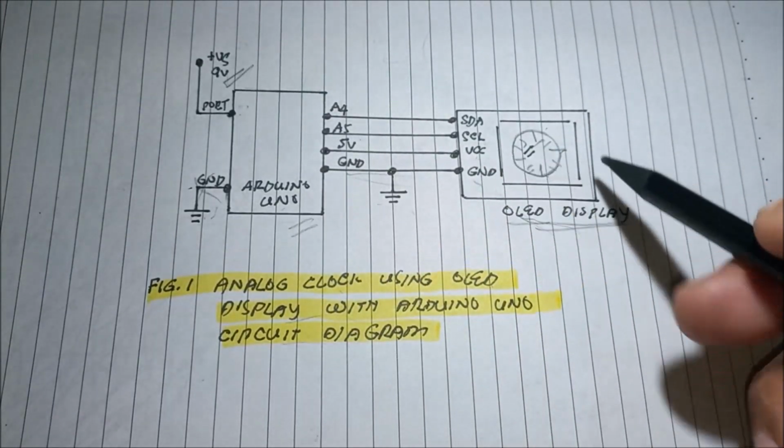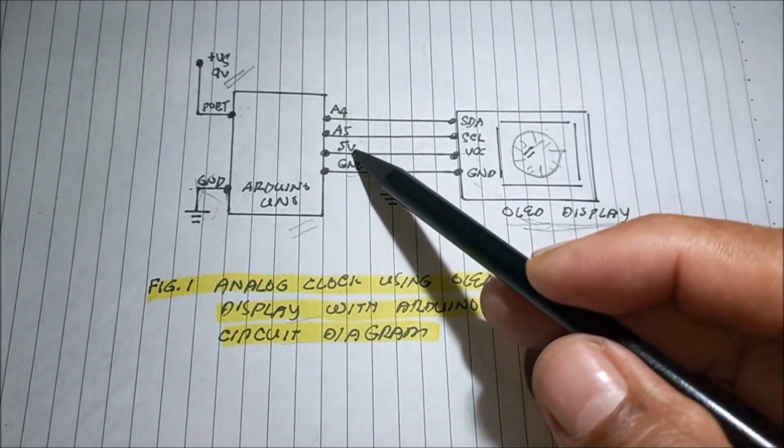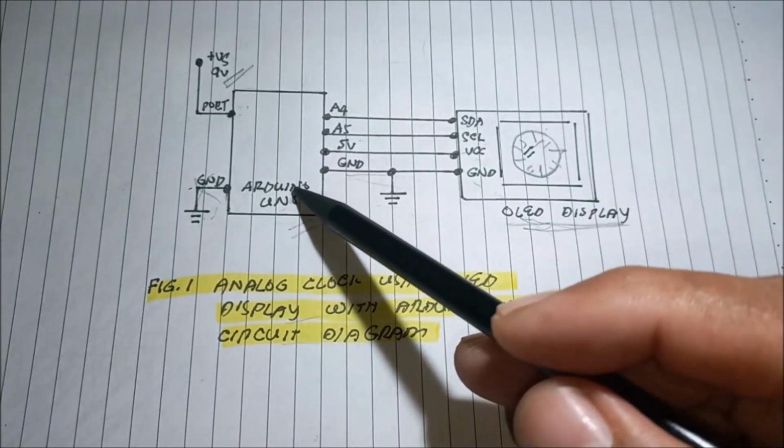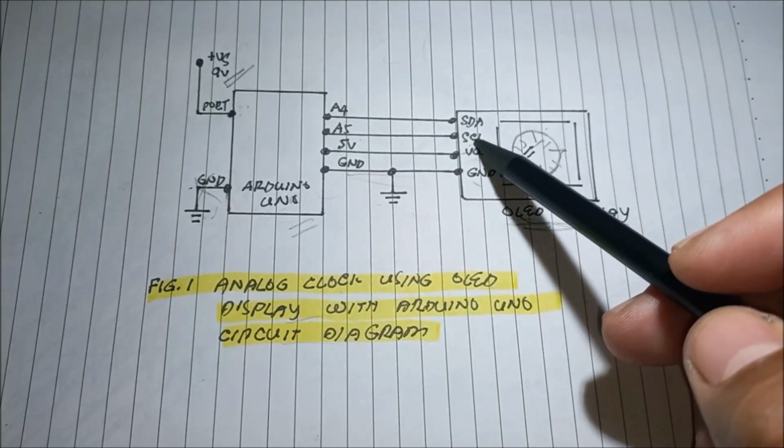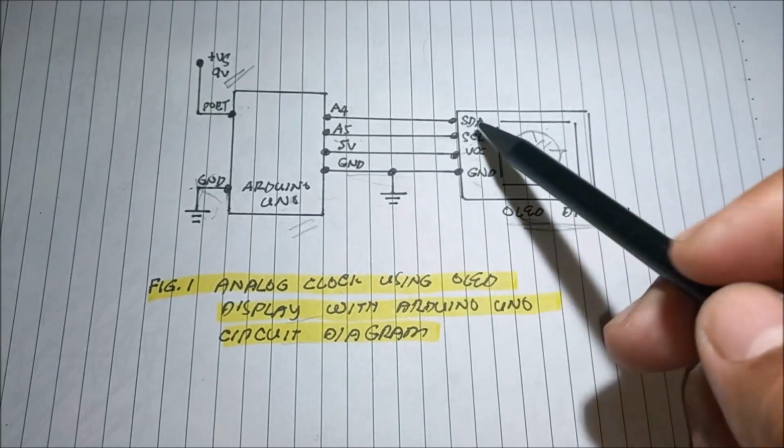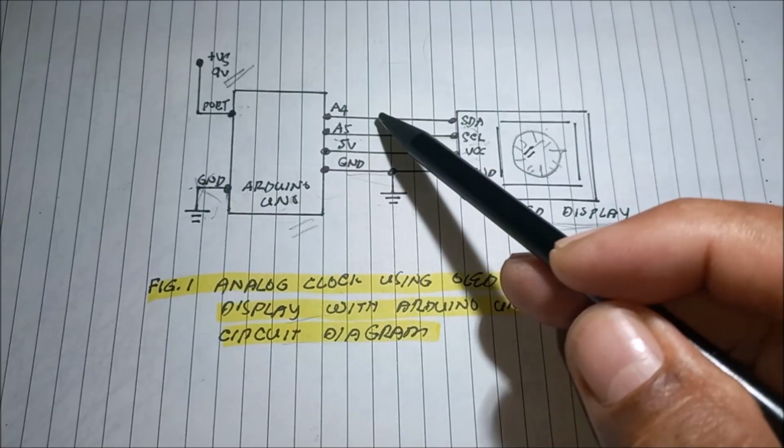The supply of the OLED is 5 volts from Arduino, and then the serial clock connected to A5, and serial data connected to A4.